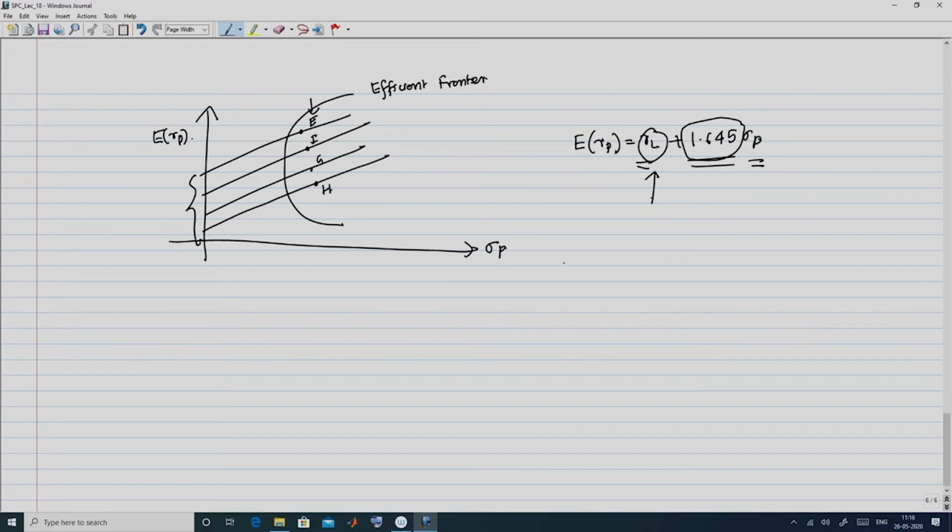And this is just the graphical representation of Kataoka's safety first criterion.